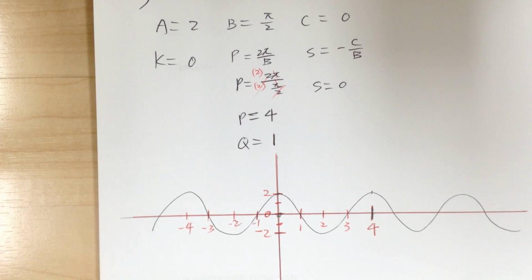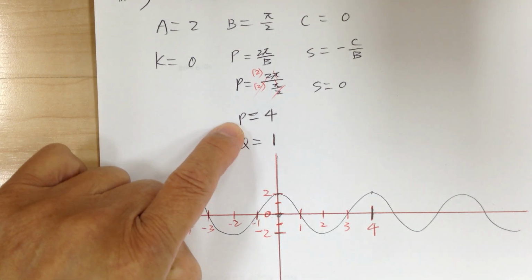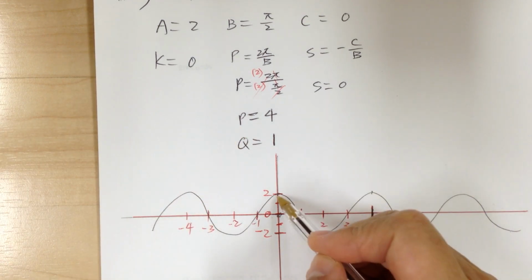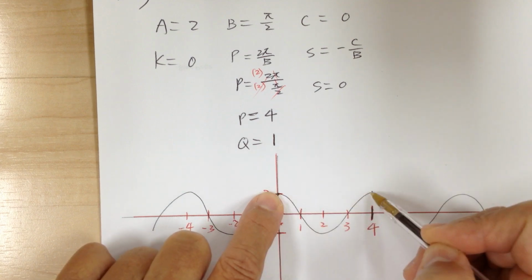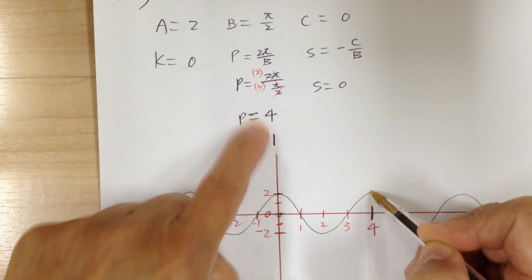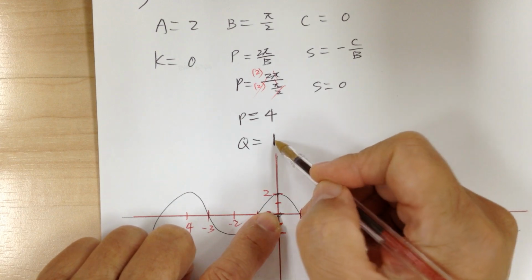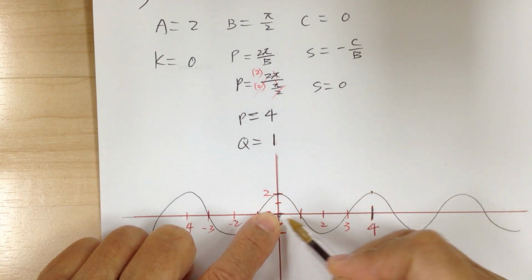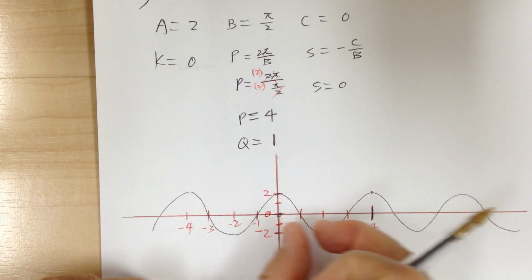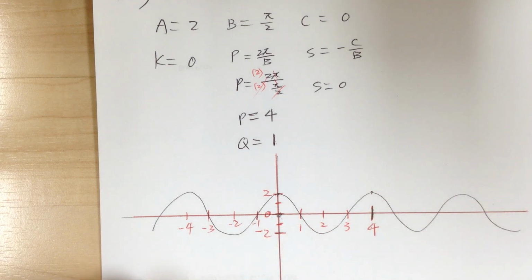And that's it. Again, period is how much it will take to repeat the pattern. So you go from the highest to highest, that's 1 period, and that's equal to 4. And quarter point means the value at each section, each division. And that's it.